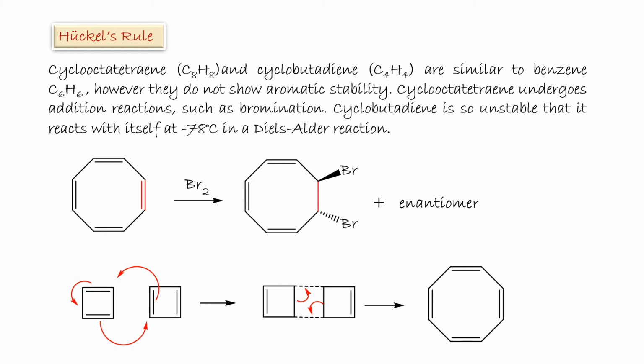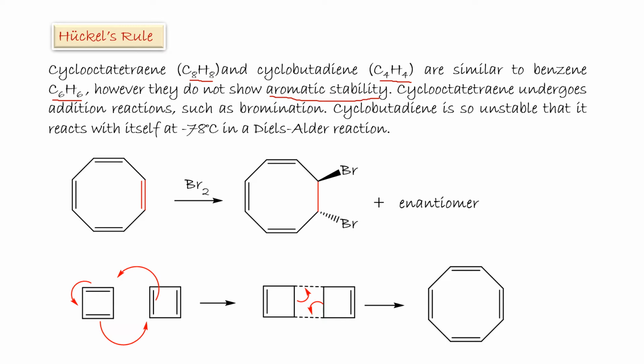They studied cyclooctatetraene, C8H8, and cyclobutadiene, C4H4. They are similar to benzene, C6H6. However, they do not show aromatic stability.